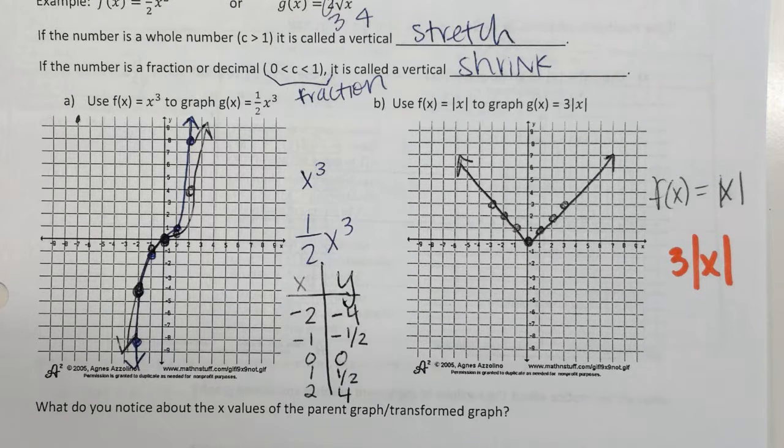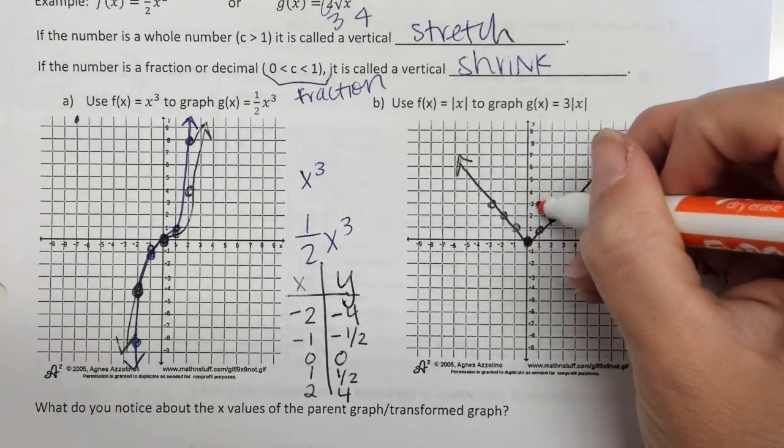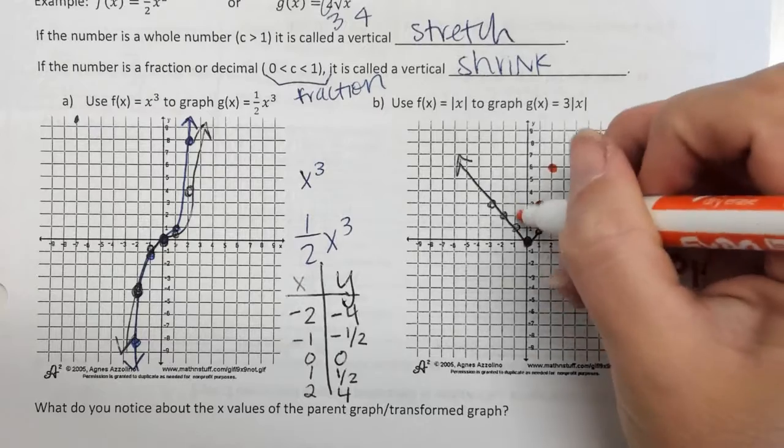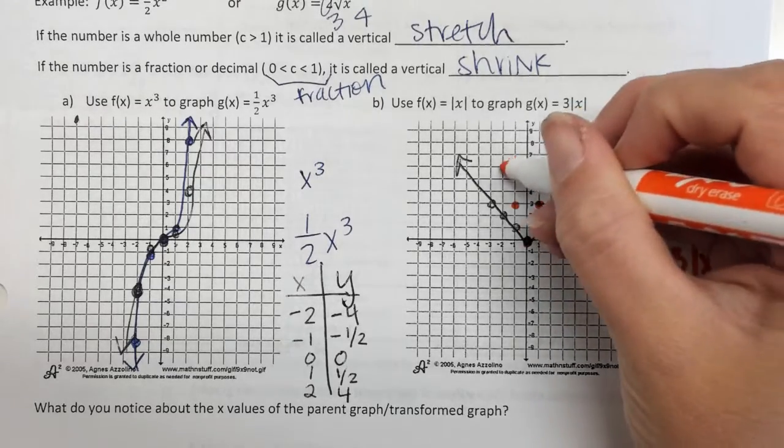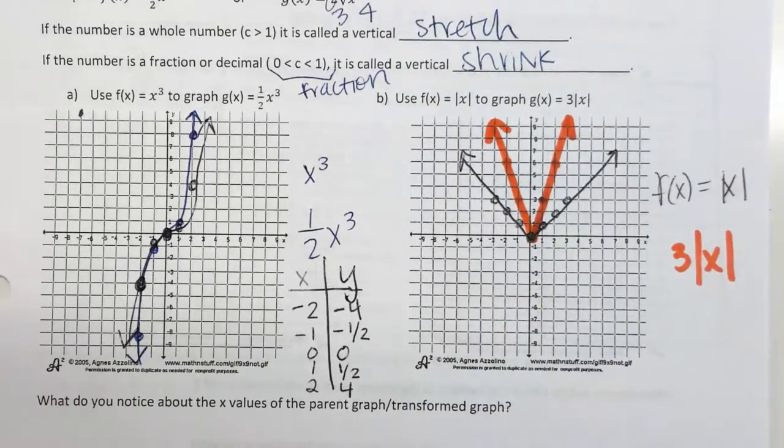No, so it's not moving left or right, not moving up or down. So will my center change? No. This just changes your slope. So from here you would go up 3 over 1. Go up 3, 1, 2, 3 over 1, up 3 over 1. And you can tell that this graph is taller than our parent graph, and that's because we're stretching it.